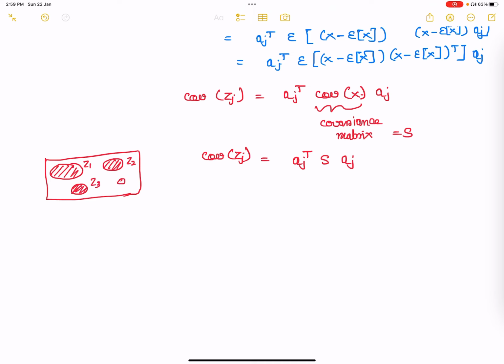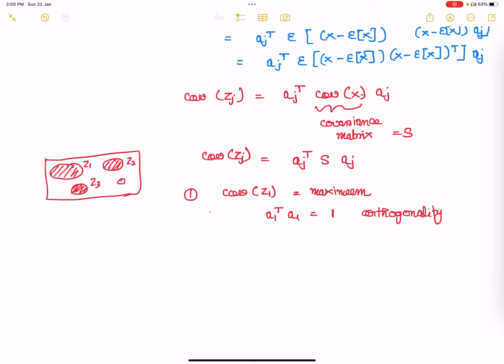So what we need to do is, for the covariance of Z1, we need to follow certain conditions. The covariance of Z1 should be maximum, that is, Z1 captures maximum variance, and it should also follow the condition that A1 transpose A1 is equal to 1, the orthogonality. These are the two conditions which we will use to understand the principal components. Orthogonality should be followed and the covariance should be maximum first.